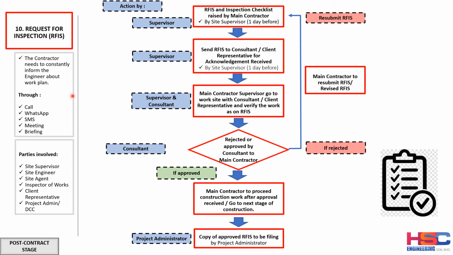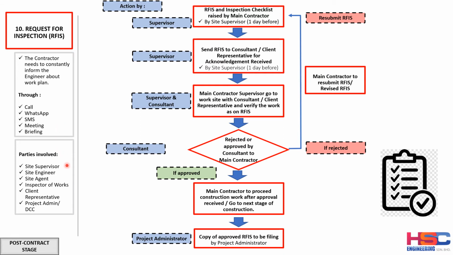So the request for inspection, RFI, can be submitted via call or SMS or briefing. These are the ways it can be done. The call is just to inform first. However, the formal form needs to be submitted.